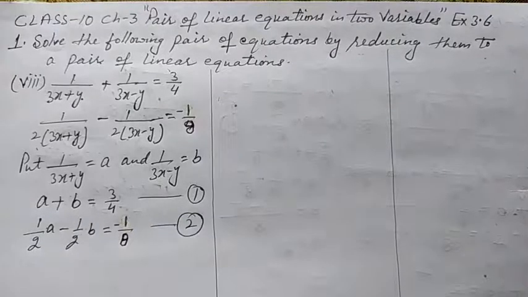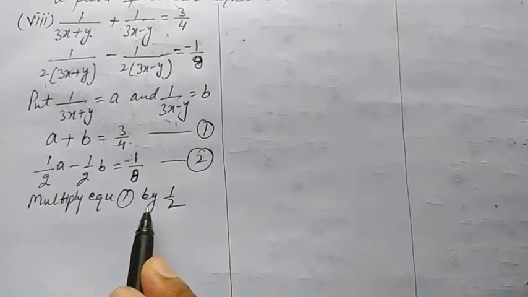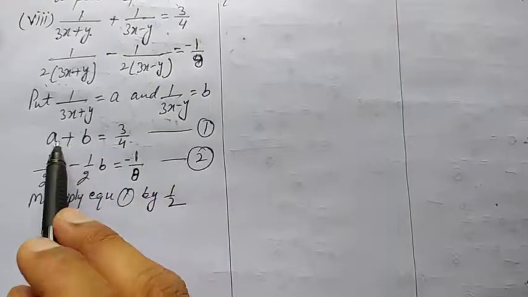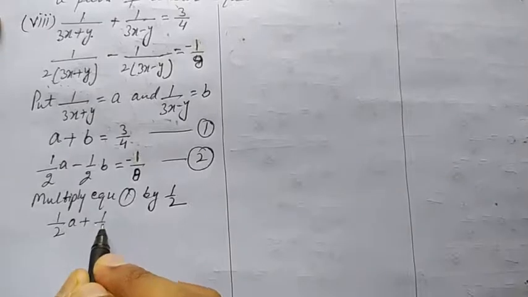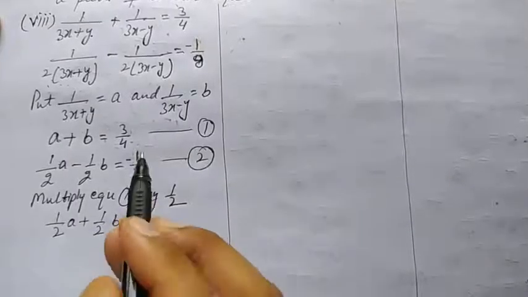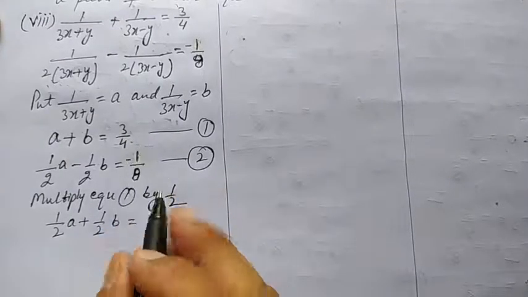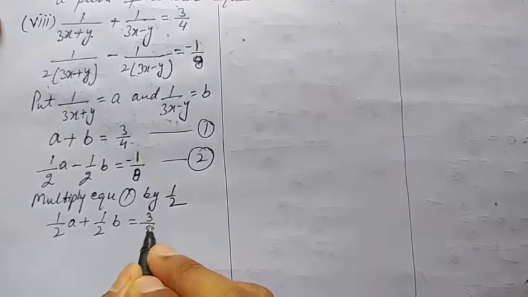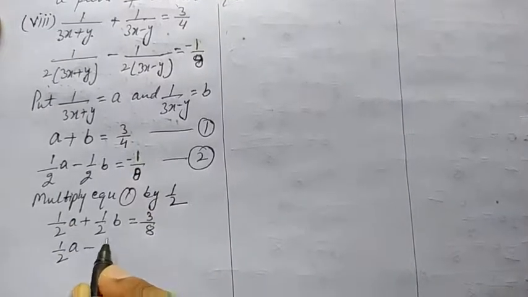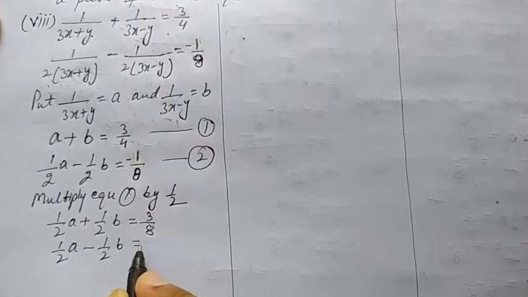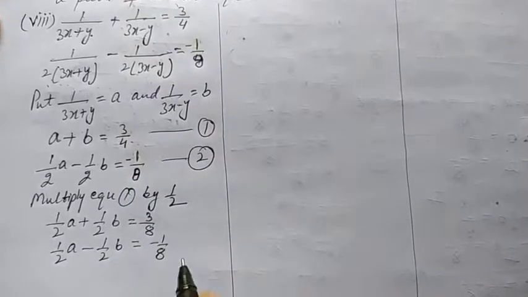We'll multiply equation 1 by 2. So it will become 1 by 2a plus 1 by 2b is equal to 3 by 4 into 1 by 2, that is 3 by 8. And the second equation as it is, 1 by 2a minus 1 by 2b is equal to minus 1 by 8.